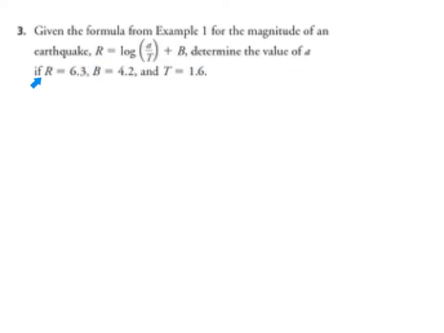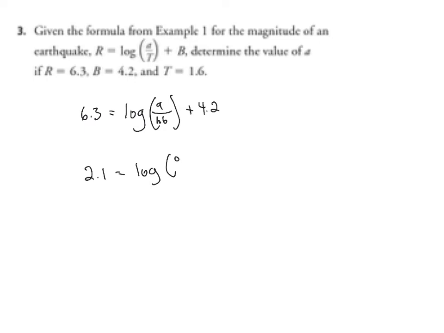Number 3, given the formula from example 1 for the magnitude of an earthquake, determine the value of A if R is 6.3, B is 4.2, and T is 1.6. All right, so we said R is 6.3 equals the log of A we're looking for over T of 1.6 plus B of 4.2. Well, immediately I'm going to subtract 4.2 from both sides. So that's going to be 2.1 equals log of A over 1.6.